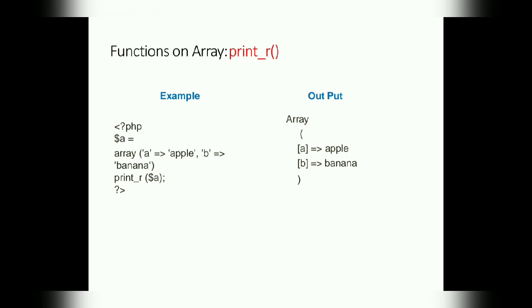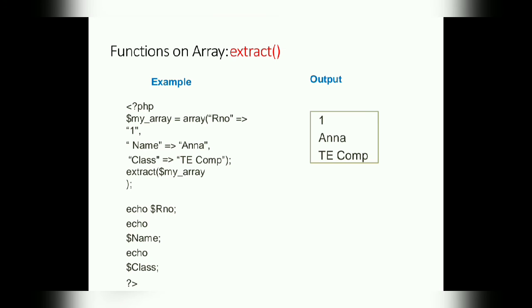These are some functions that are provided with examples, like print_r. As told before, it will give you your arrays in standard format. So a PHP array is used with variables a equals apple, b equals banana, and the syntax is print_r of $a.